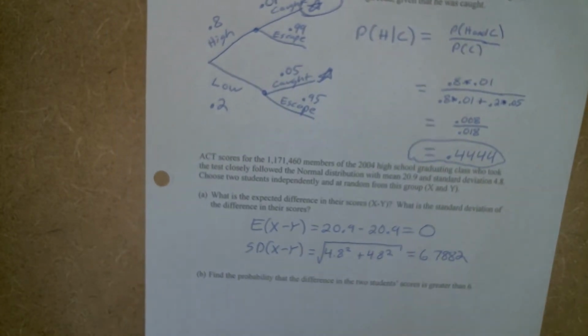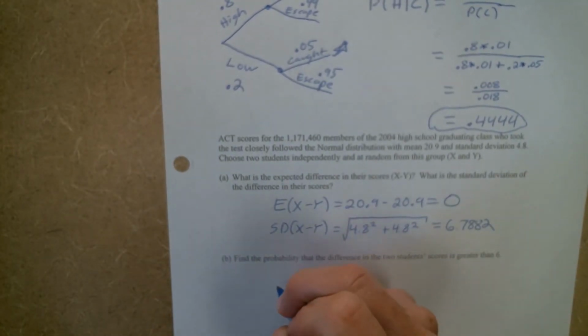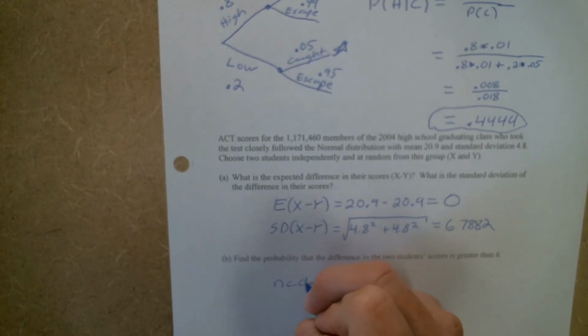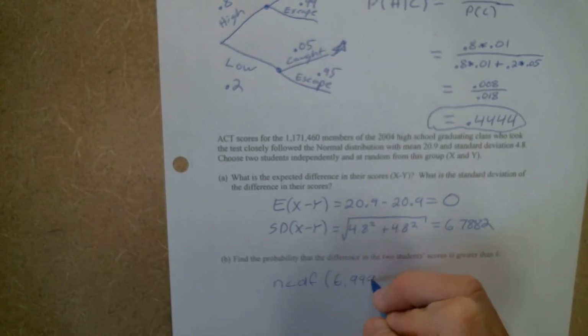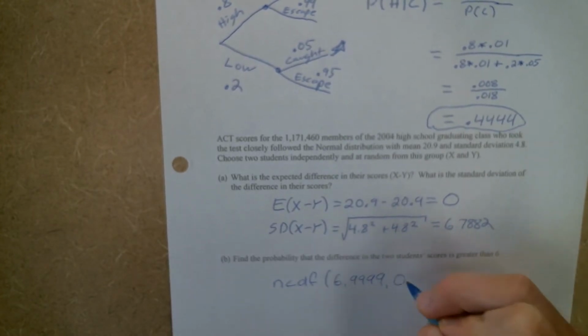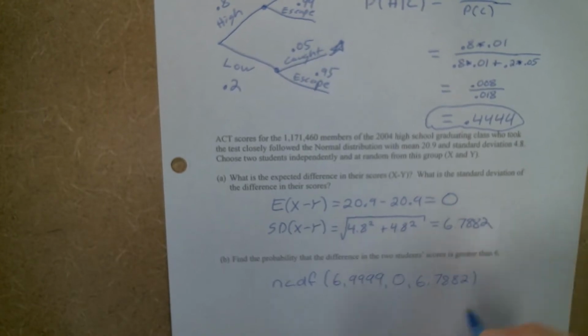This says, find the probability that the difference in the two students' scores is greater than 6. Right? Now, that could be greater than 6 in a positive direction, or that could be greater than 6 in a negative direction. So we're going to do an NCDF from 6 to 9999 when the mean is 0 and the standard deviation is 6.7882.